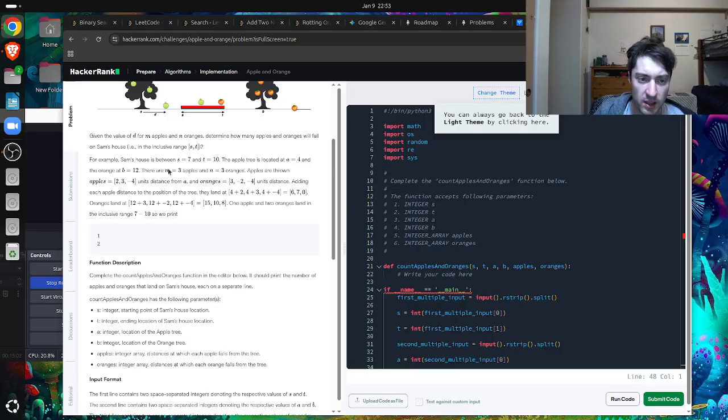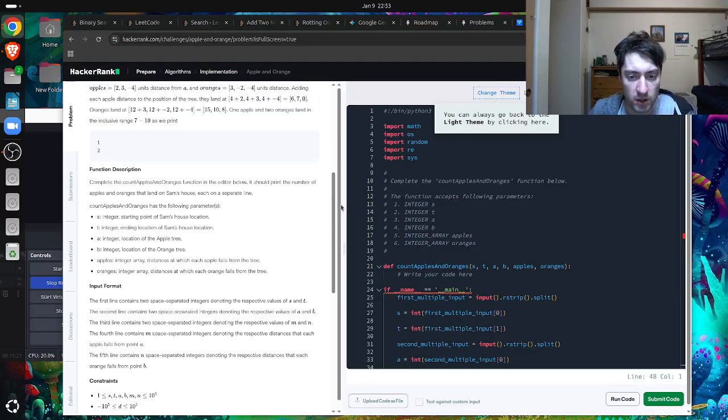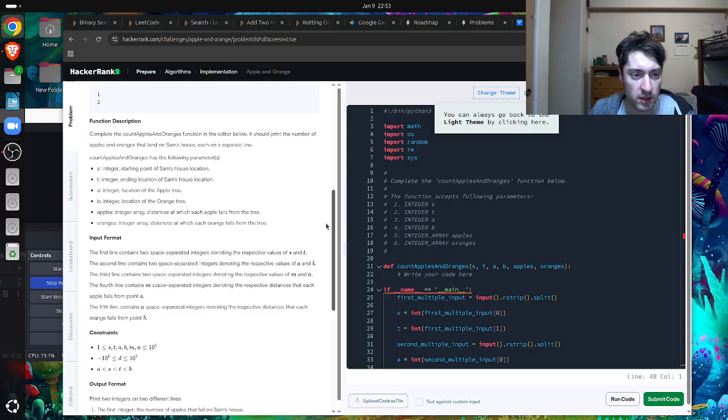There are m equals 3 apples and n equals 3 oranges. Adding each apple distance to the position of the tree, it would land at here, right? I'm trying not to actually look at those because I think that's kind of the answer, right? So that's what we're going to have to think through.